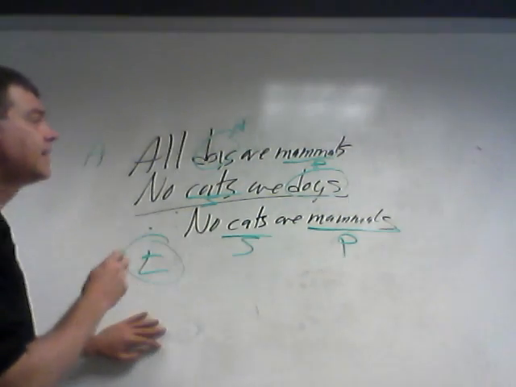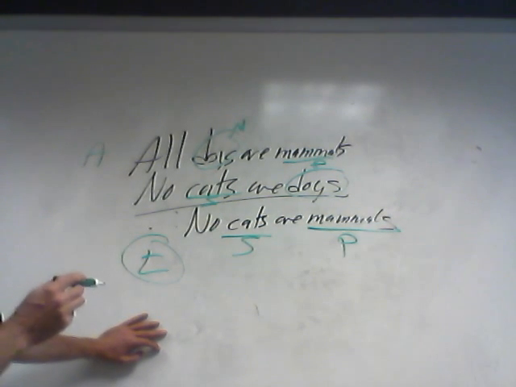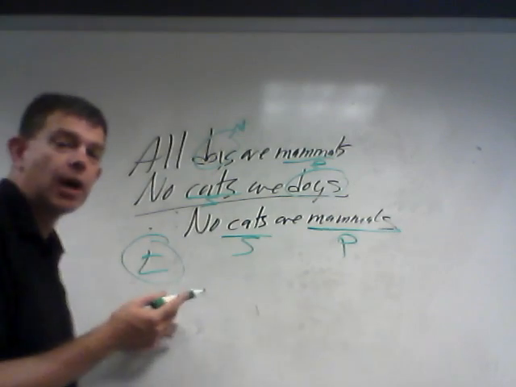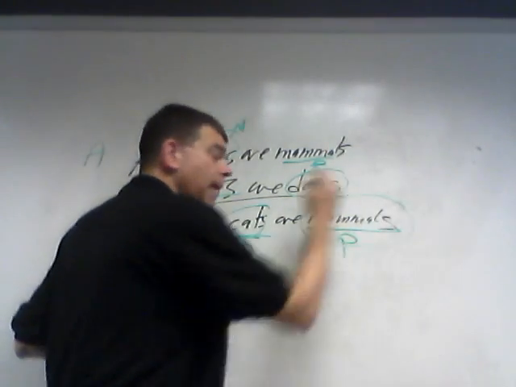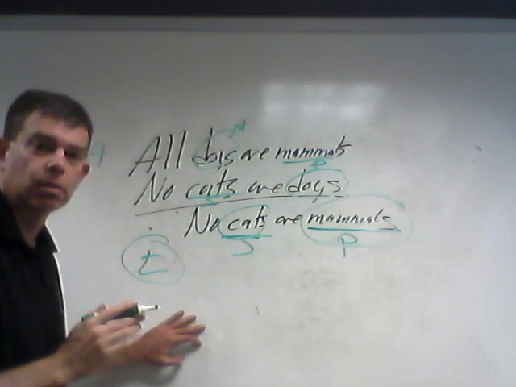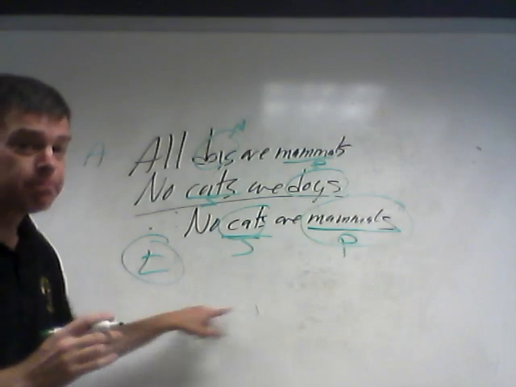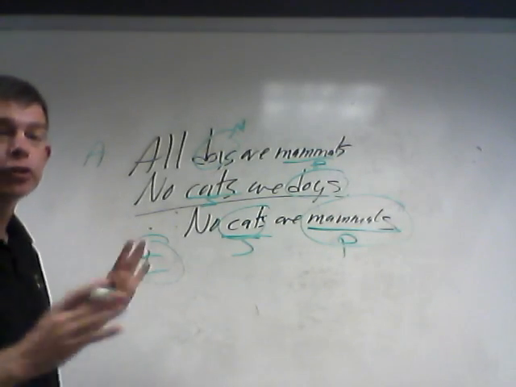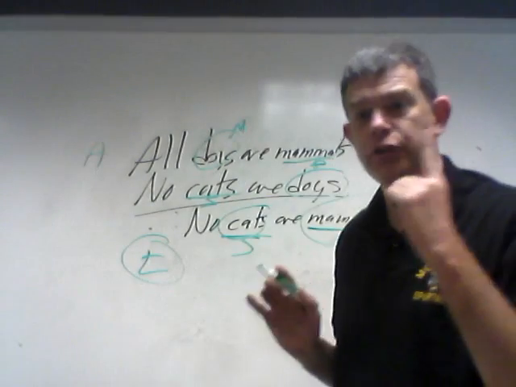So in an E statement, what gets distributed? Both, right? And we know that. So in an E statement, cats and mammals got distributed. If it's distributed in the conclusion, and in this case both are, they both have to be distributed in the premises as well for the argument to be valid. So let's see if that's true.